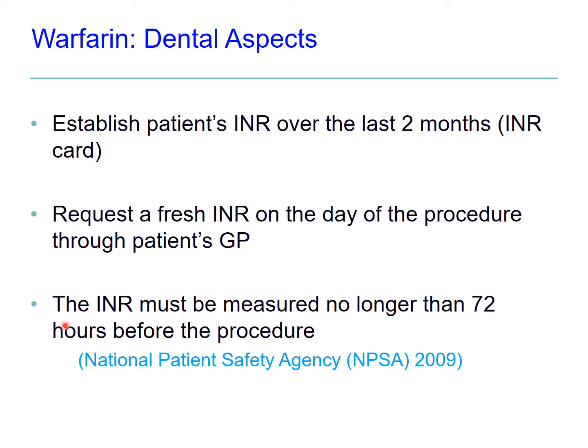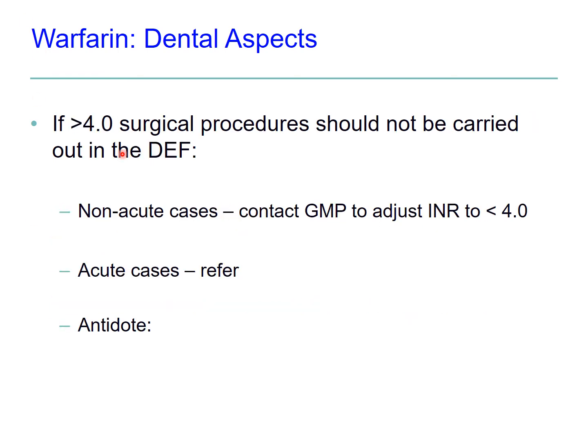However, an INR done more than 72 hours ago will not be valid, and you would need a fresh INR test. The national guidance in the UK is that if the patient's INR is less than 4, they can have minor oral surgical procedures done in primary care.